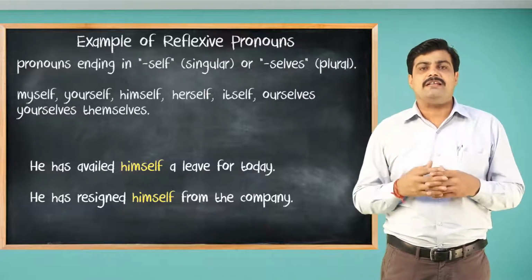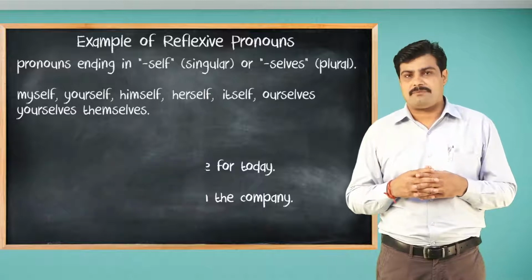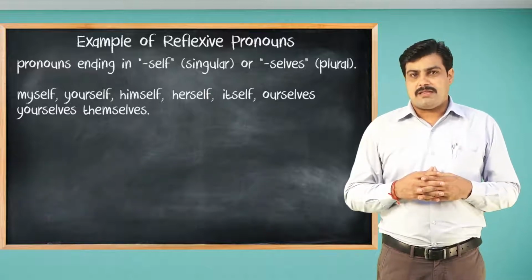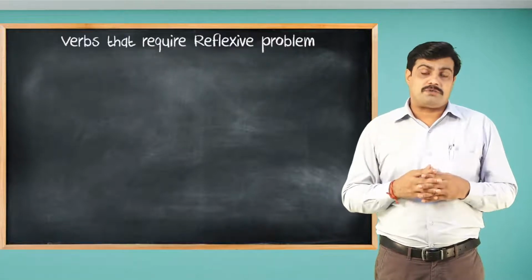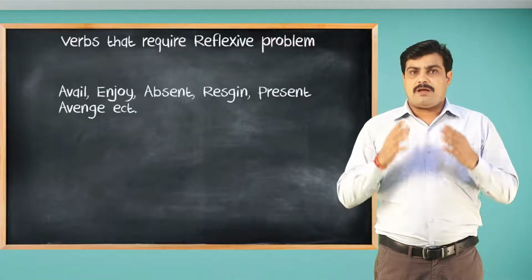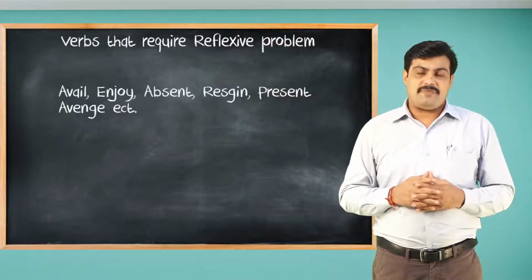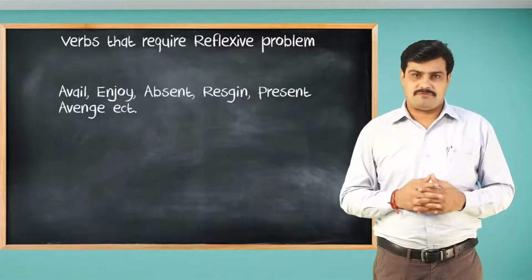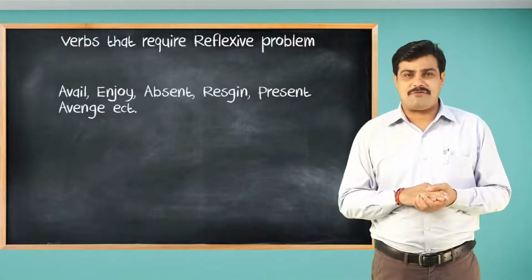He has resigned himself from the company. Now in reflexive pronoun, one thing is important, that some of the verbs always require self after them. Means they always require reflexive pronoun, like these examples I have given you.